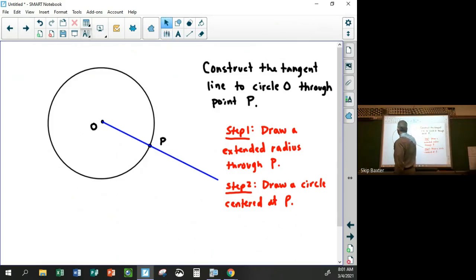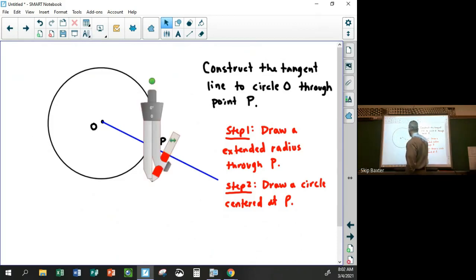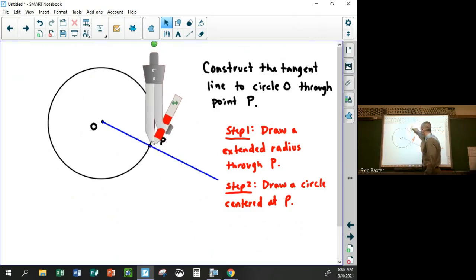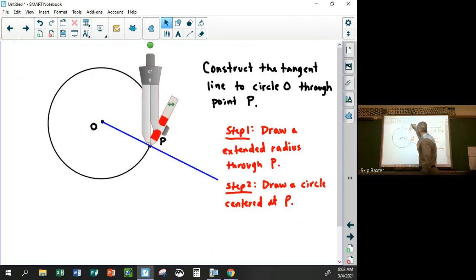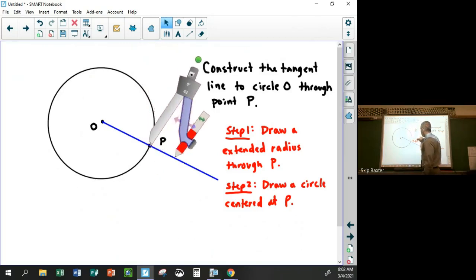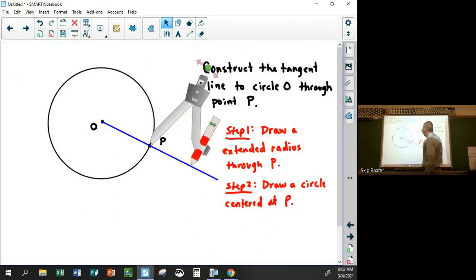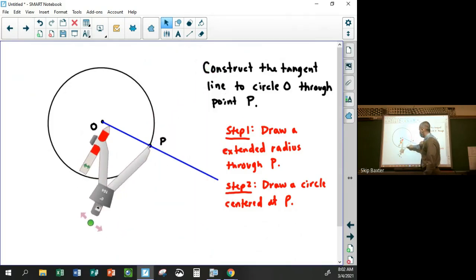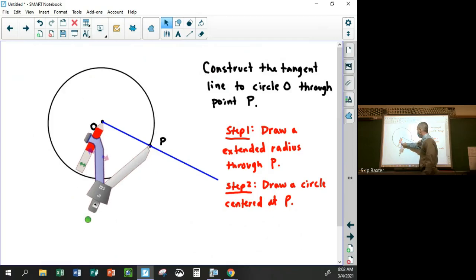So I have my compass here. I'm just going to put the point of the compass at P and open the compass any amount. Now, if you wanted to, you could open it the same as the radius of the circle. That's okay, but it could be any amount, really. I'll just make it the same as the circle, but it doesn't necessarily have to be.